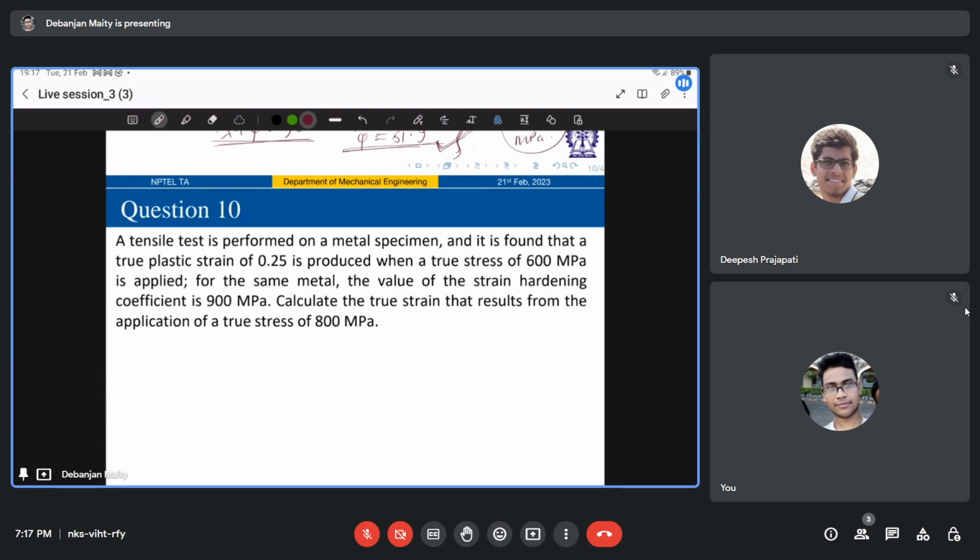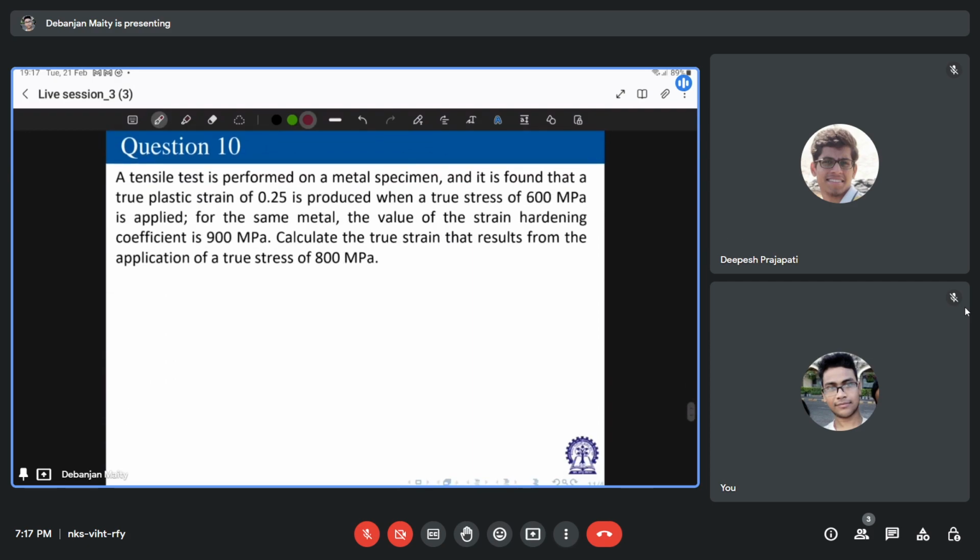Now again, this is some normal basic question. It says that a tensile test performed on a metal specimen, and it is found that the true plastic strain epsilon value is 0.25, and that is produced when a true stress value is 600 megapascal. For the same metal, the value of strain hardening coefficient is provided, so K is provided. Then you need to calculate the true strain that results from the application of a true stress sigma 2 of 800.